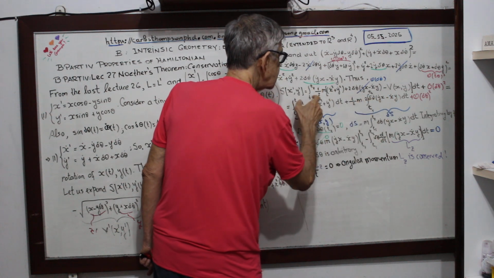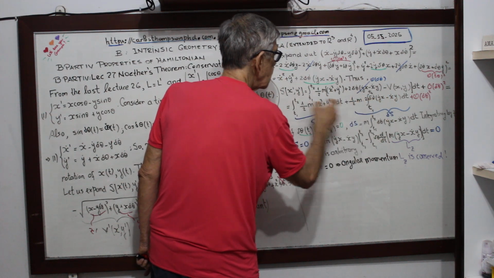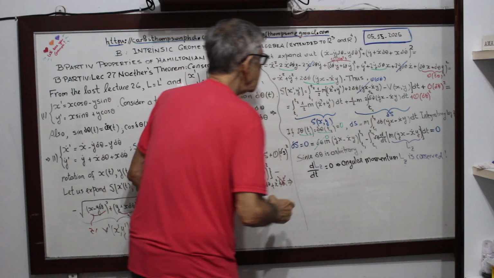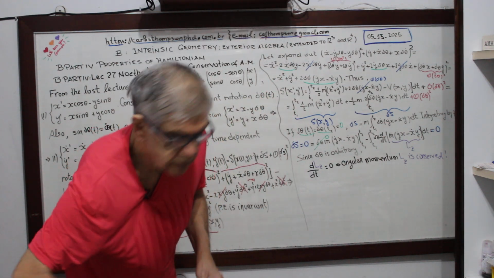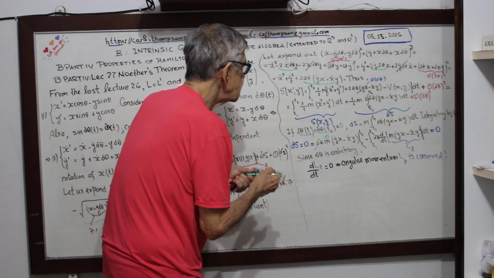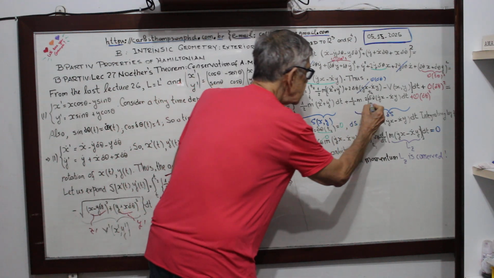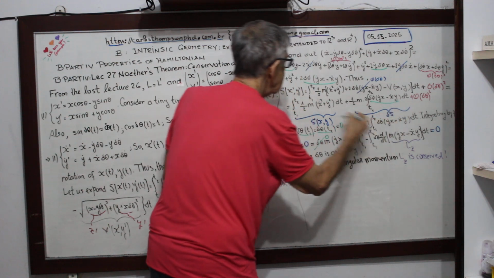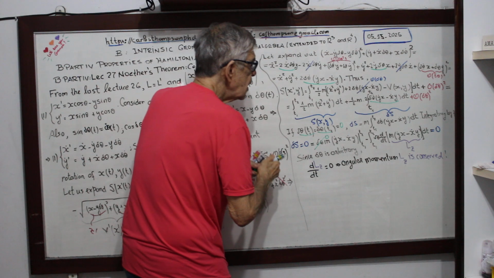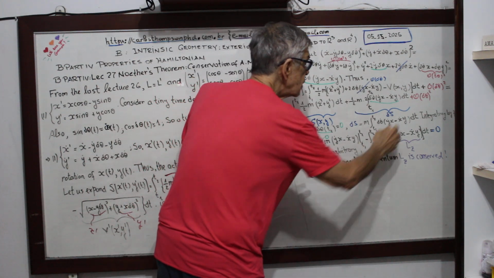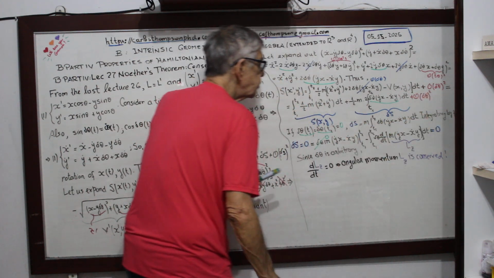That's the green one. Let's put it over there just to make it clear. It's this one, you just set over there. Now, plus order of delta theta squared.